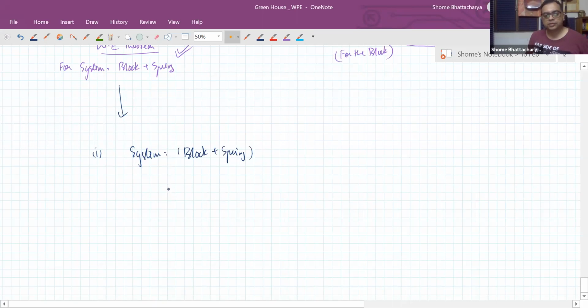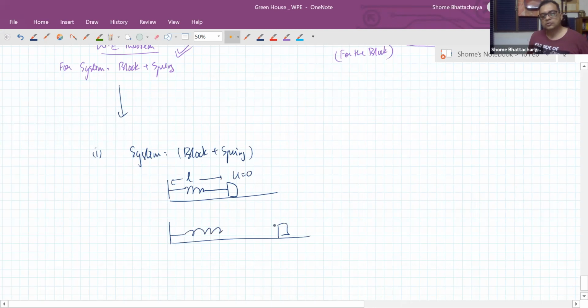As the block is moving, the system is going from this state to this state, and by now it has some speed v.